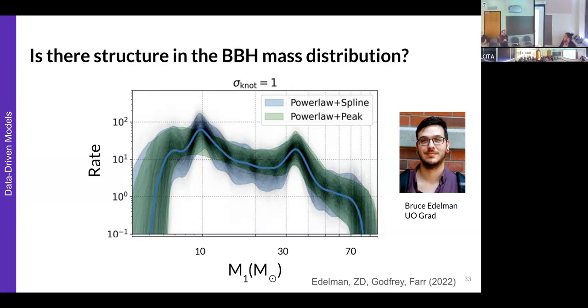You do always get the peaks, but you can make that number so large that it eventually washes out what the data is telling you. But I think Bruce did multiple runs with different numbers of knots and different priors and checked all of the information criteria to see which was the best fit. So I think this was the best fit model.